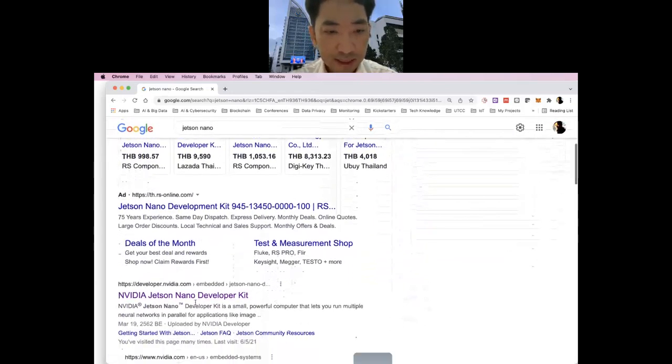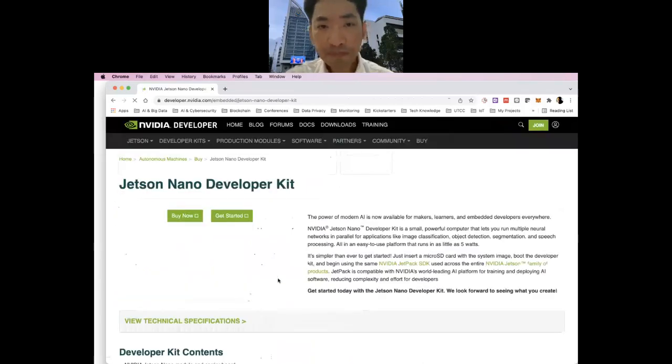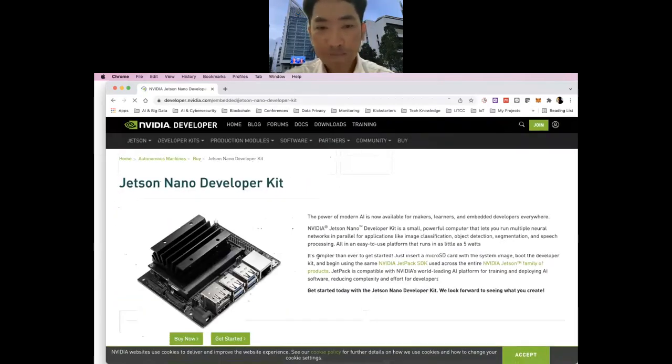I think that is really nice. For example, the NVIDIA Jetson Nano Developer Kit. This one is really good. I used this 2 years ago, for image processing.